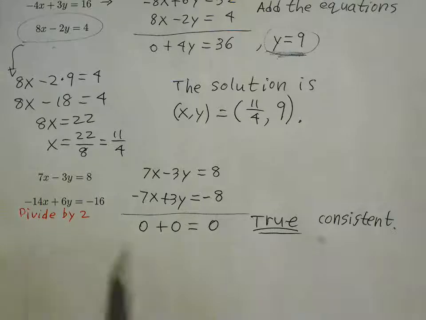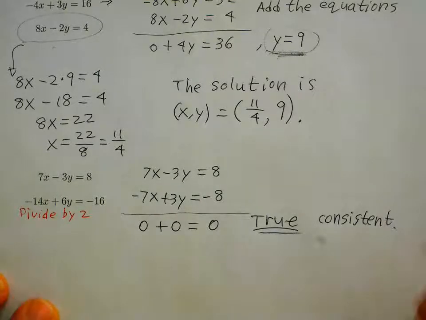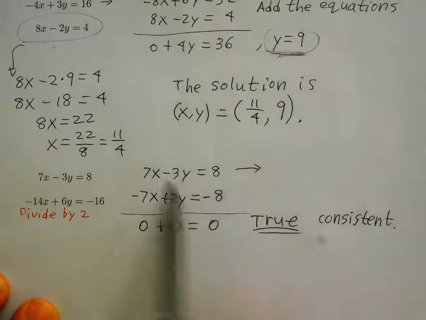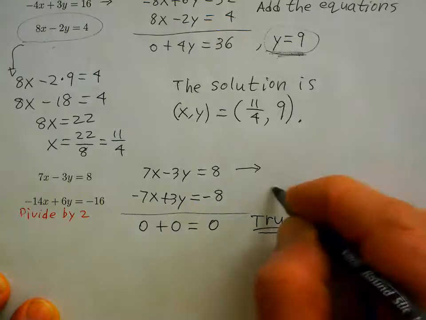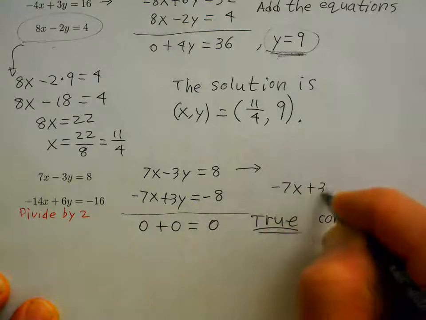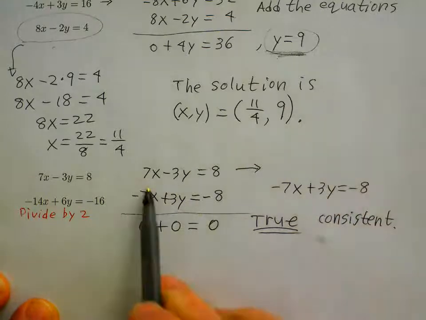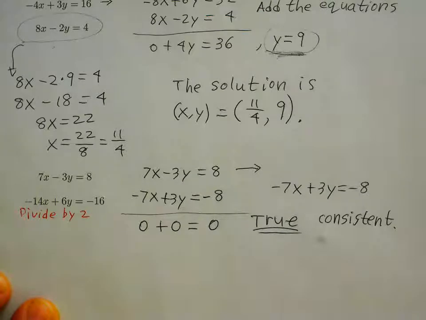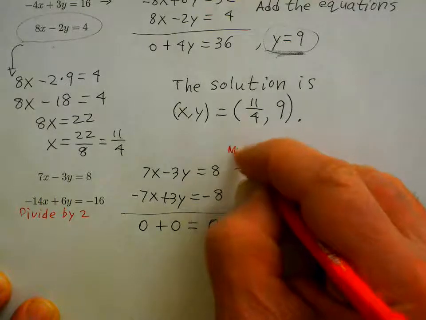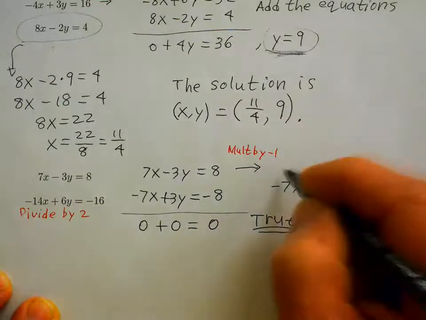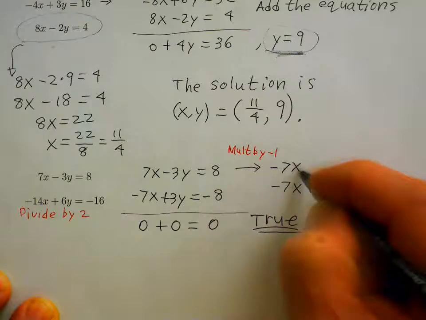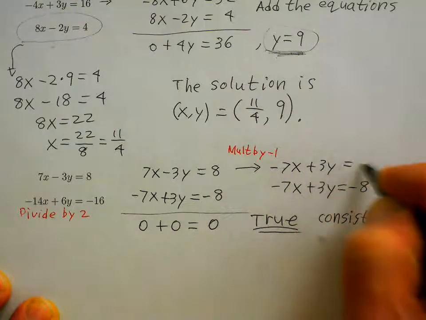Well, if you look a little closer, you'll notice that the two lines are exactly the same line. If you leave the bottom equation the same here, negative 7x plus 3y equals negative 8, but then multiply every term on both sides of the top equation by negative 1, then we get the exact same equation, negative 7x plus 3y equals negative 8.